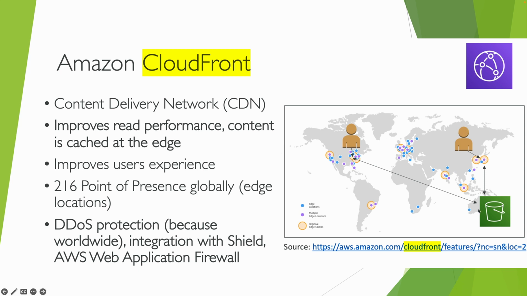If I am a user in the US region and I want to access some data in this S3 location, instead of connecting directly to this S3 bucket, the user requests the nearby edge location or point of presence. This point of presence caches the information received from different regions, and stores it inside the edge location.